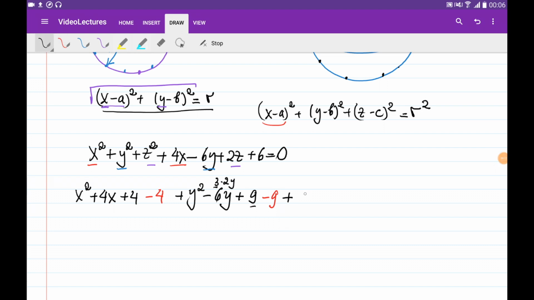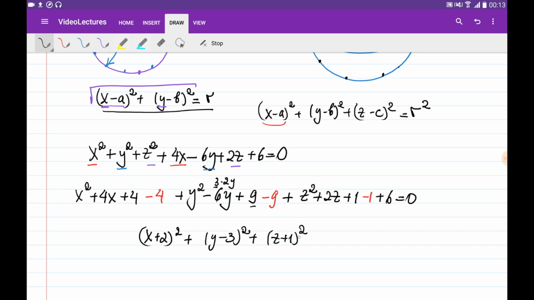Plus in the end, we need to write z squared plus 2z plus 1 minus 1 plus 6 is equal to 0. So now we can write this as x plus 2 squared plus y minus 3 squared plus z plus 1 squared, right?